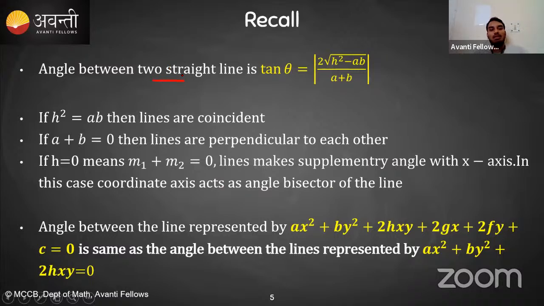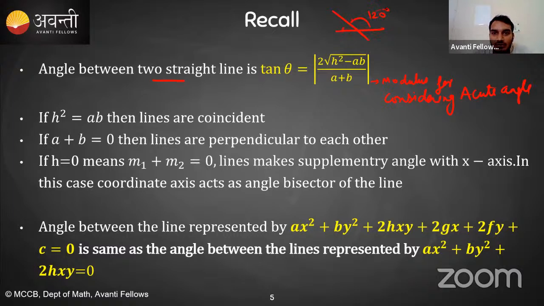And then we talked about the angle between the two straight lines. If the combined equation of the straight lines is given, then the angle between the two lines can be given as tan theta is equal to, this is for the modulus, for the acute angle. Acute angle means, everybody knows, if two lines are making, let's say, 120 degrees, then I just want 60 degrees. It doesn't matter if two lines are making 120 degrees, then the same lines will make a 60 degree angle.